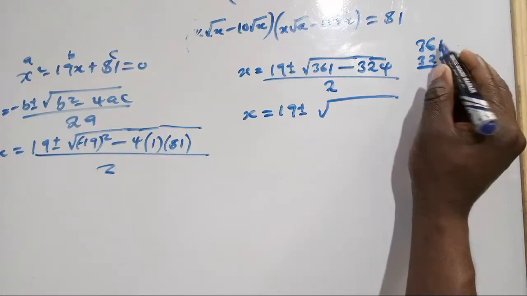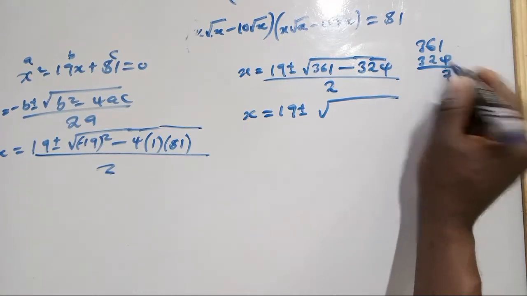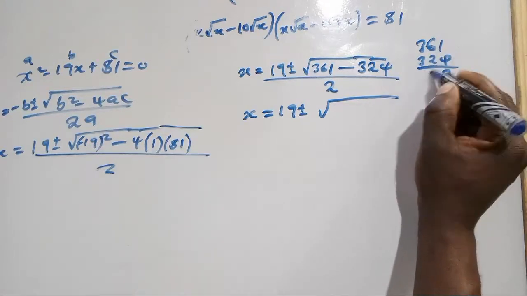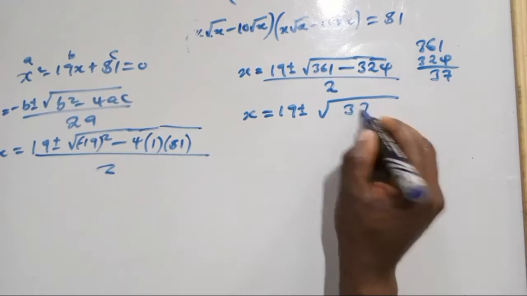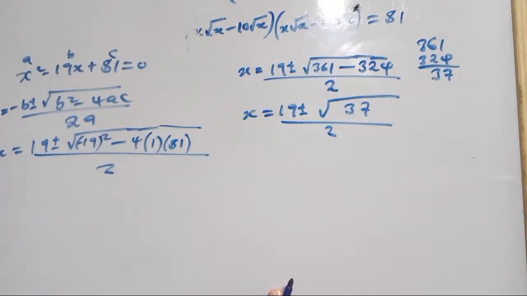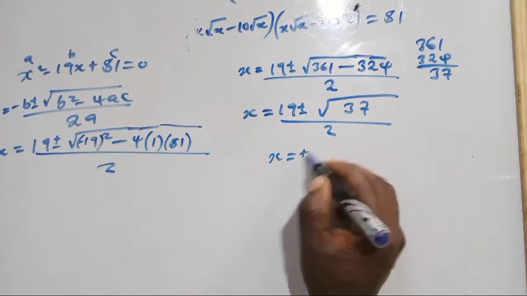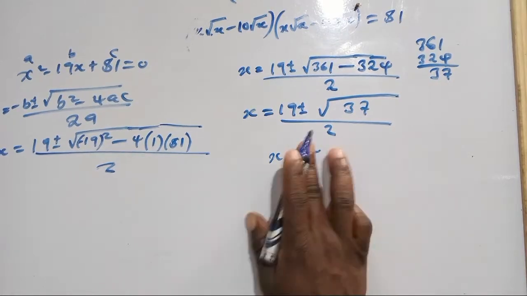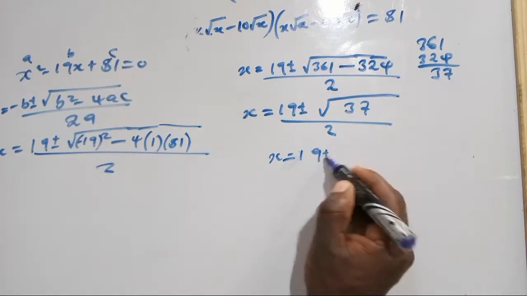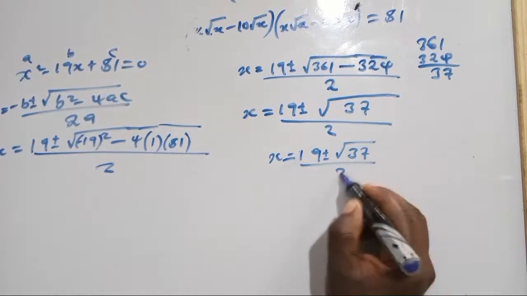Then here which is 37, so you're going to have 19 plus or minus the root of 37 over 2, right?